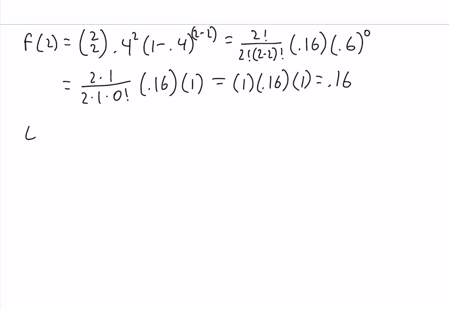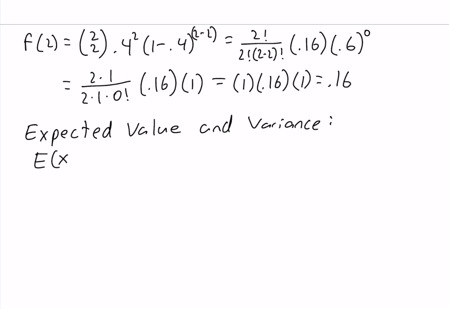Now, the expected value and variance for a random variable with a binomial distribution are given by the formulas n times p and n times p times 1 minus p.